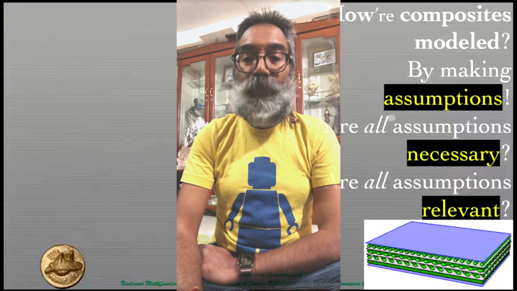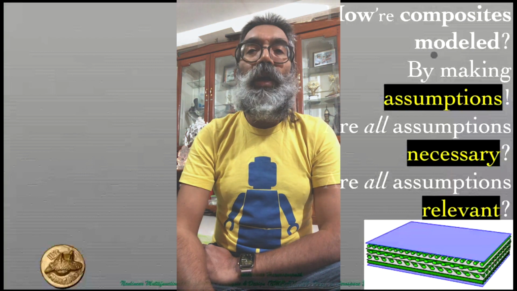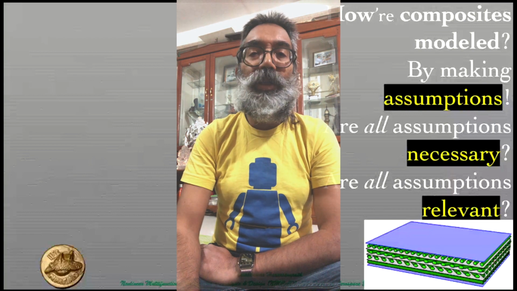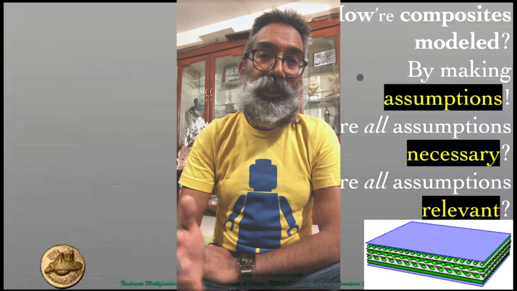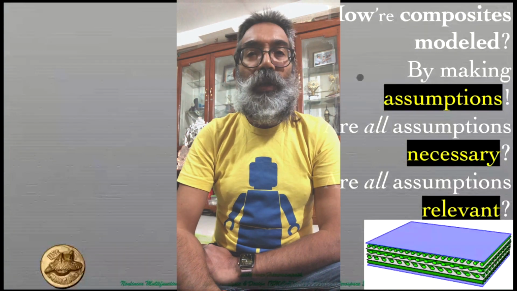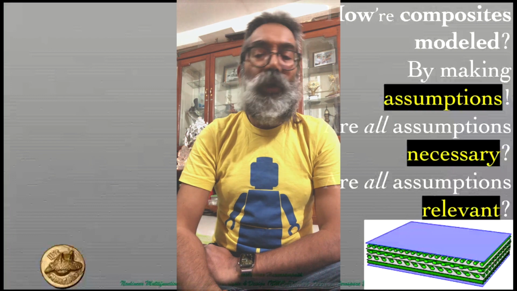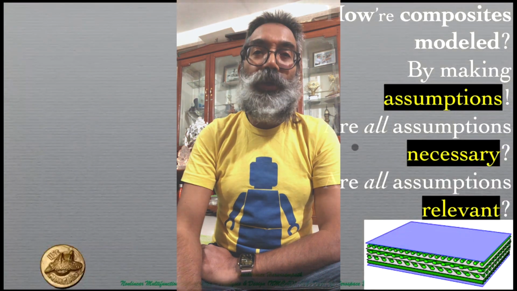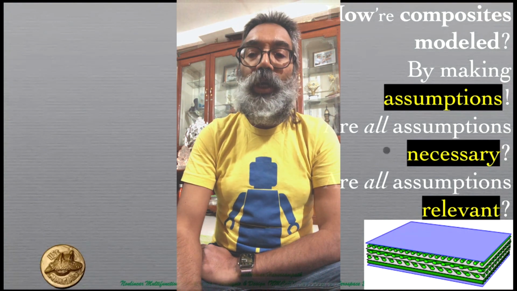So making assumptions is the underlying factor in any modeling process, be it for composites, be it for any other metals, or any mathematical model, not only restricted to structural analysis, but fluid analysis or fluid structure interaction, controls, whatever.